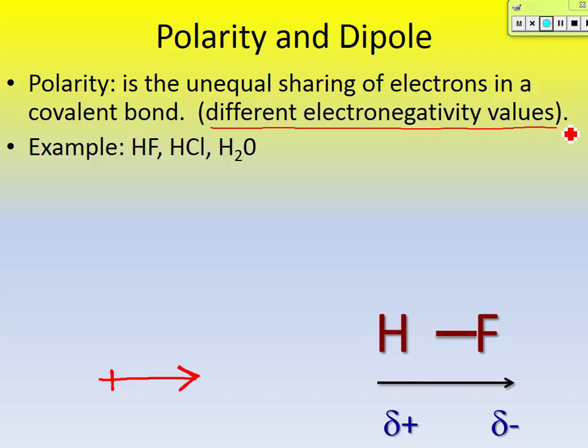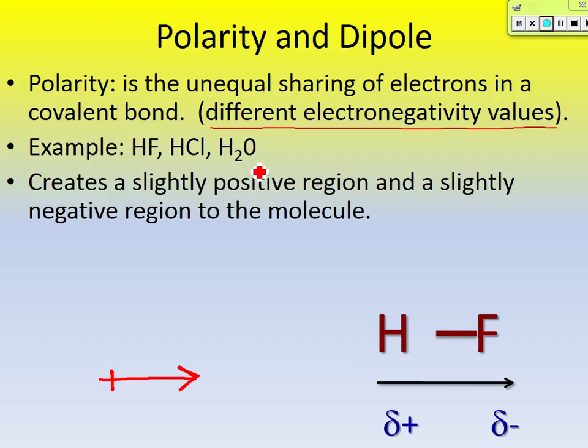Here are some examples of polar molecules: hydrogen fluoride, hydrogen chloride, and water. Water is polar. It's got a positive side and a negative side. These different electronegativity values create polarity, which creates a slightly positive region and a slightly negative region in the molecule.